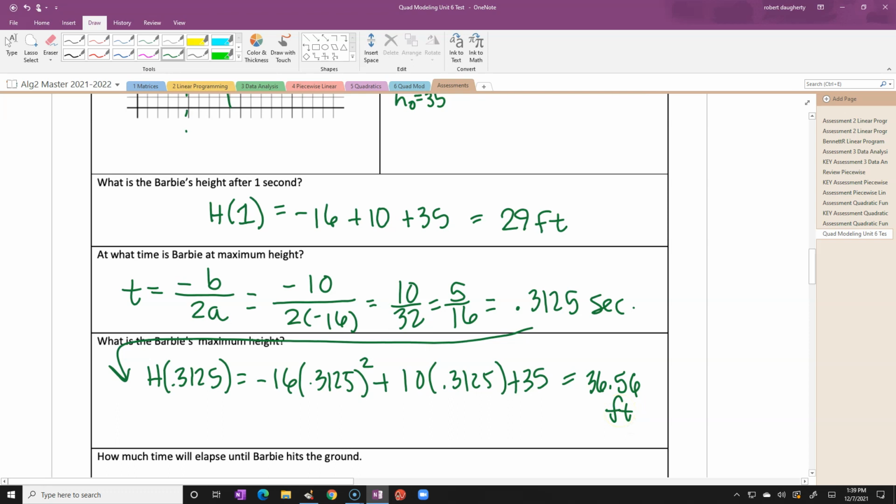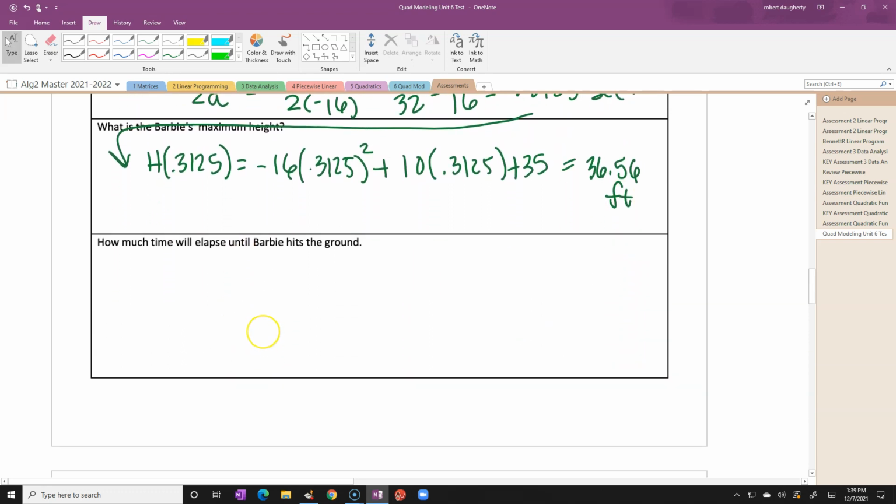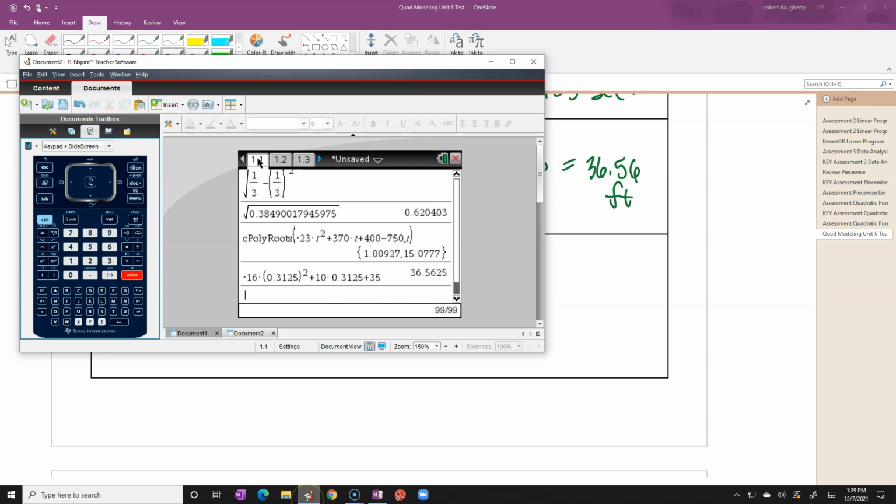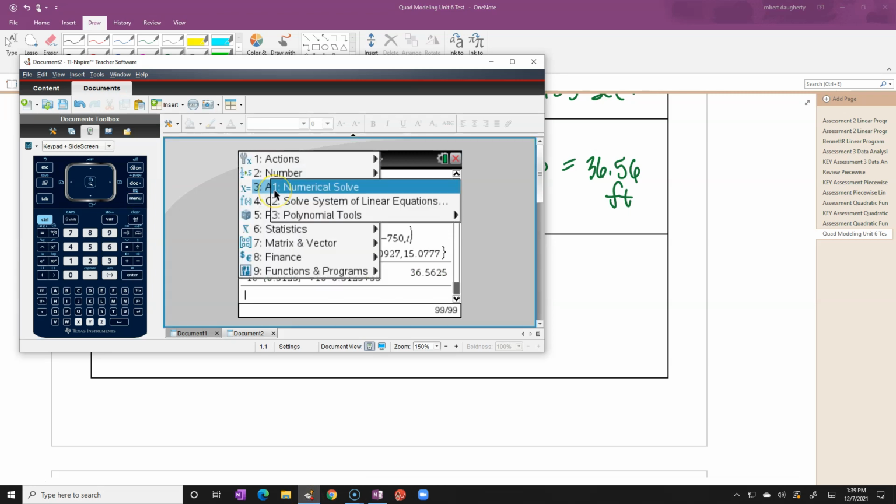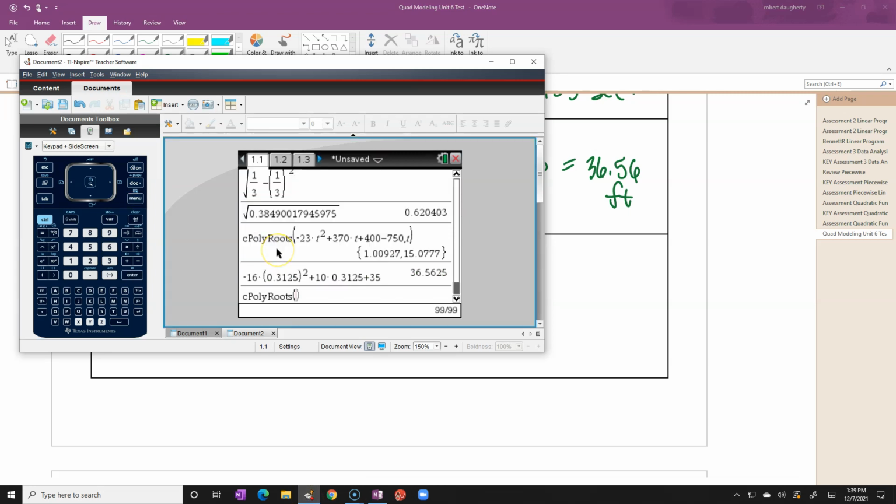How much time will elapse until Barbie hits the ground? She hits the ground when the height is 0. So you basically just set this equation equal to 0. And you should know by this point, we go straight to our calculator, menu, algebra, polynomial, complex.